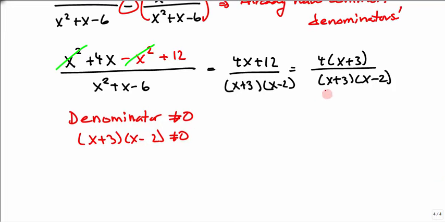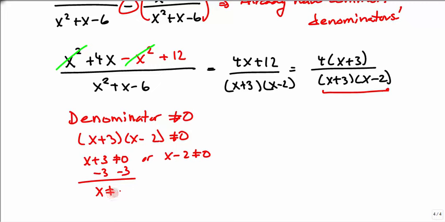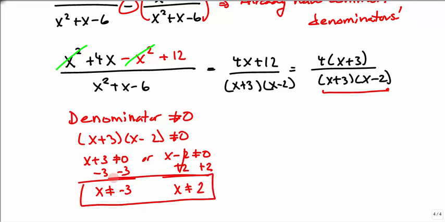So x plus 3 times x minus 2 cannot equal 0. So I have x plus 3 cannot equal 0, or x minus 2 cannot equal 0. So for this case, x cannot equal negative 3. For this case, x cannot equal 2. So those are my domain restrictions.